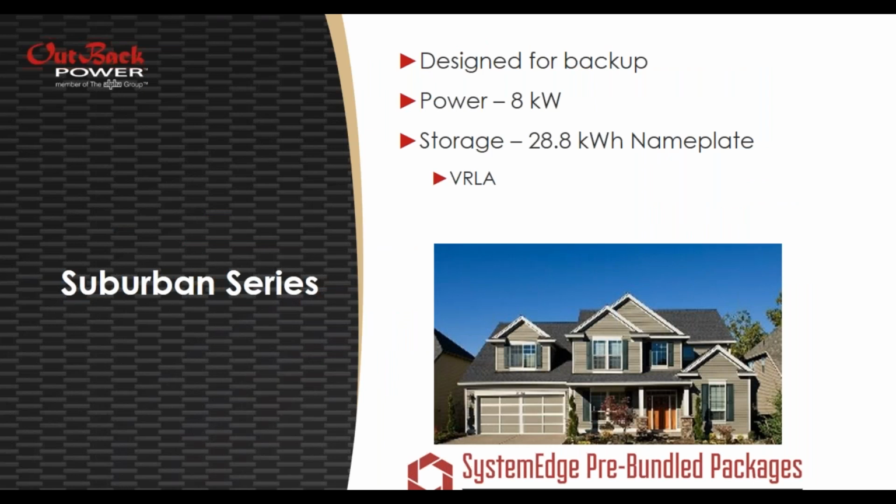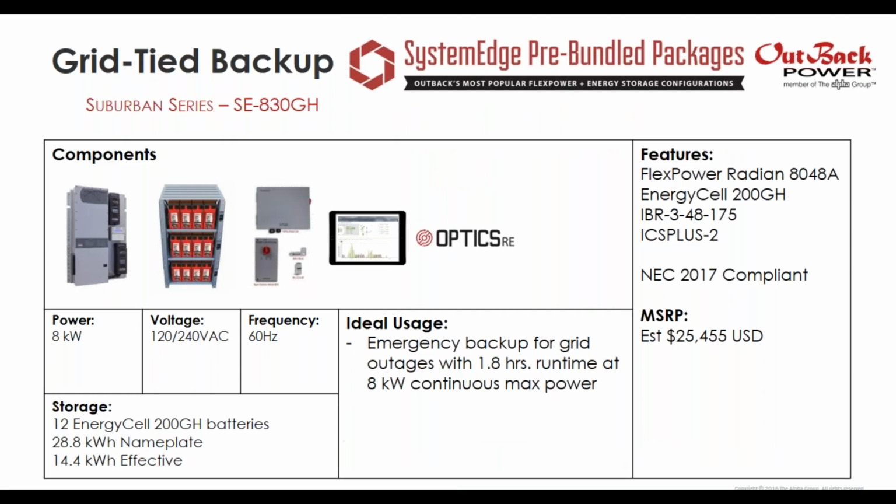For larger applications, there's the Suburban series, and these are for your more typical single-family home where you've got maybe a couple thousand square feet, and you've got a few more things you want to back up. We've got the SE830GH, so that's an 8 kilowatt FP Radian system. Again, you can put up to 8 kilowatts of PV on that.